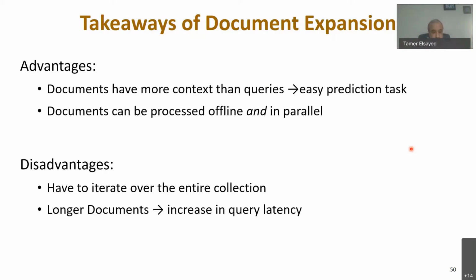So the documents will be longer. That means that query processing also will be a bit slower because the posting lists will be longer, right? So with the posting lists longer, the query will take more time to get the ranked list or the scored lists. So that's the disadvantage of document expansion.